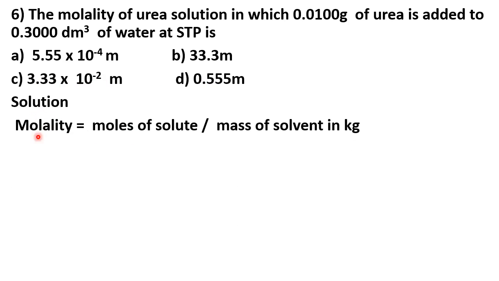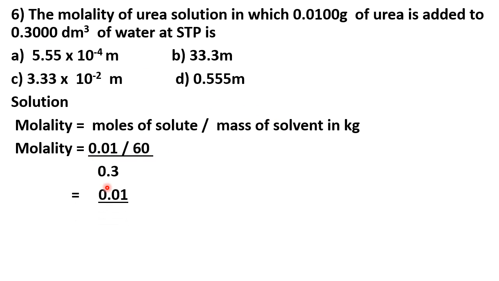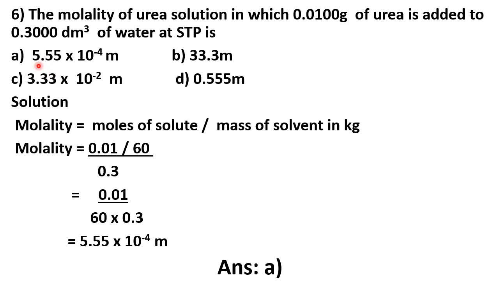So we know that molality is equal to moles of the solute divided by mass of the solvent in kg. Number of moles can be calculated by doing mass divided by molar mass. Mass of urea is 0.01. Molar mass of urea is 60, divided by mass of solvent in kg, that is 0.3. Substitute the values and simplify. The answer will be 5.55 into 10 raised to minus 4. So therefore the correct option is option A.